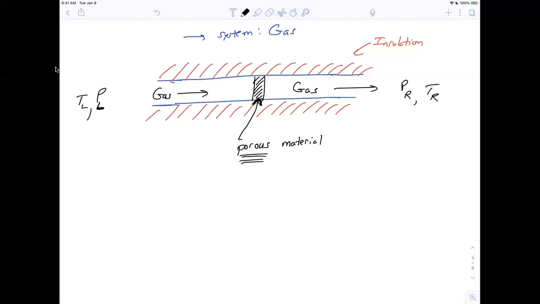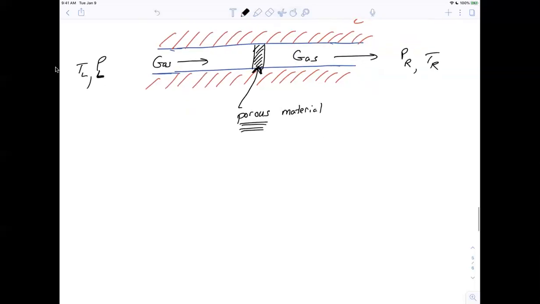So what we're going to do now is consider a little bit of this gas, or some volume element of this gas in this process. So let's think about this. This is our first equilibrium state, so we can say our initial state. What we're going to do is follow a little volume element of this gas as it starts on the left and goes through the porous material and ends up on the right.